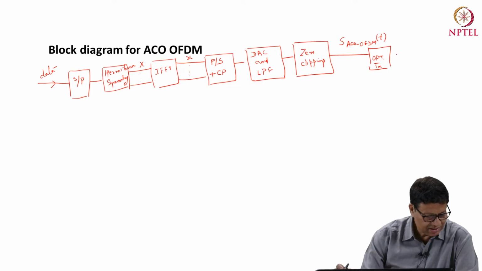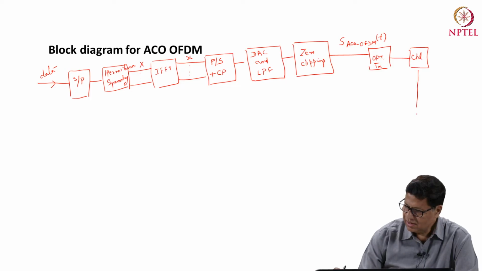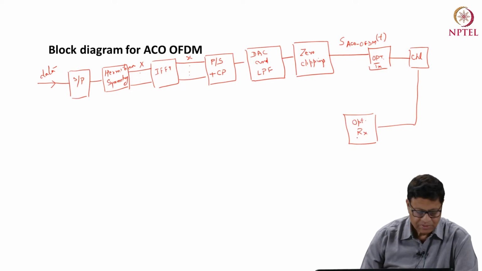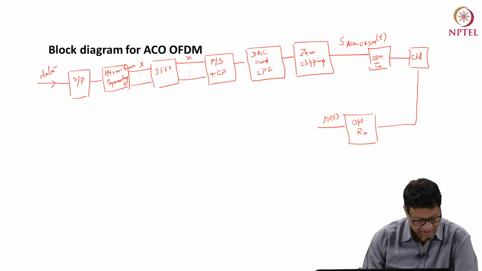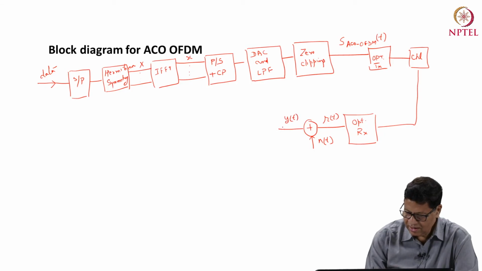So optical transmitter, and then you have the optical wireless channel, and then you have the optical receiver, which will convert into electrical signal, and what we get is, say, received signal R(t), and this is the noise, call it N(t), and then what you get is Y(t).